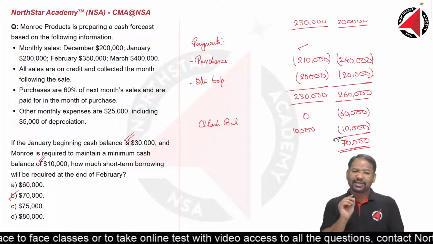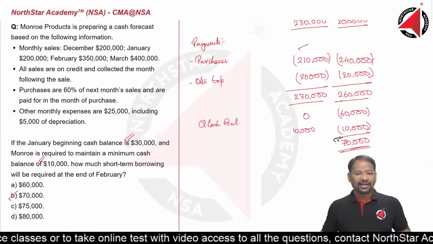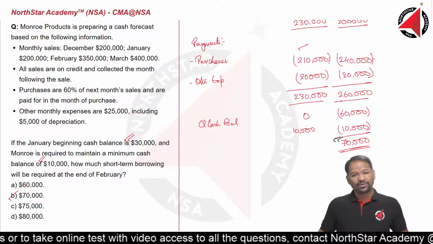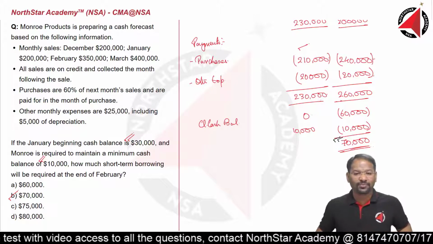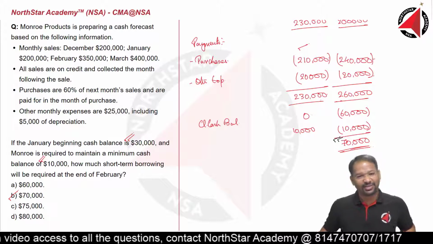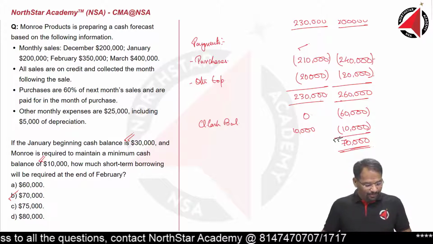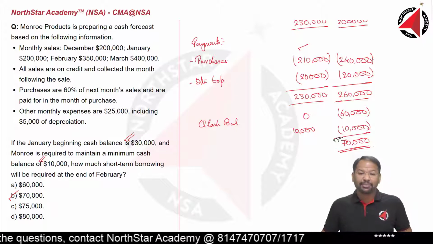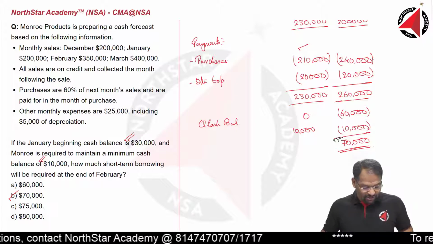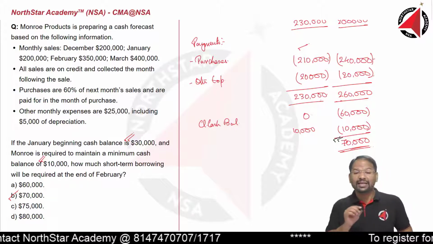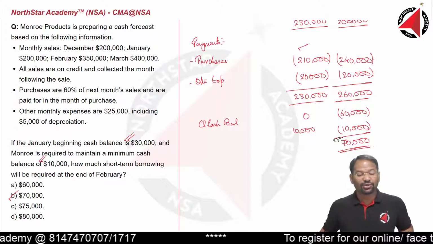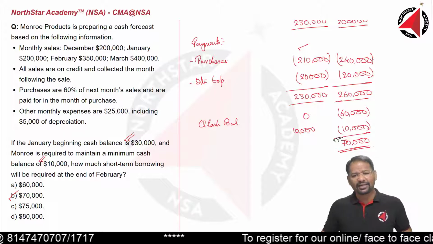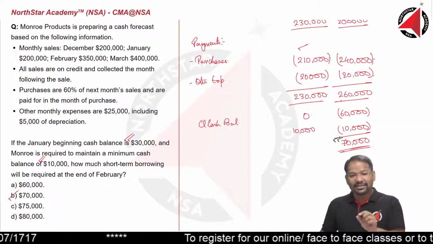In that case, we can say that the correct answer could be 60,000 because 10,000 was not borrowed in February, but it was borrowed in the month of January itself. Let's read the last point again. Monroe is required to maintain a minimum cash balance of $10,000. How much short-term borrowings will be required at the end of February? So short-term borrowings that will be required at the end of February is 60,000 further.